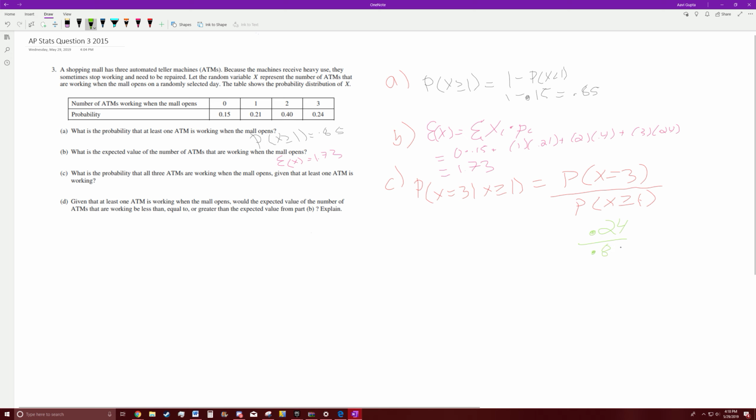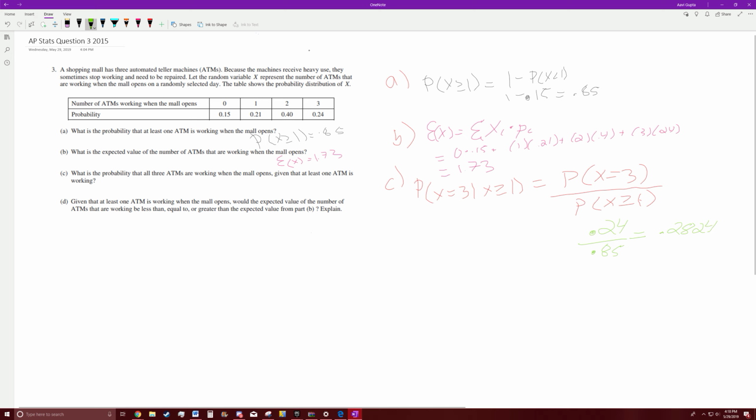Often the exam does that. It has you calculate something that you're going to need in the future. So if you get this one wrong, you're most likely still going to get credit for this, as long as you show the proper notation and all the appropriate work. And this is equal to 0.2824.